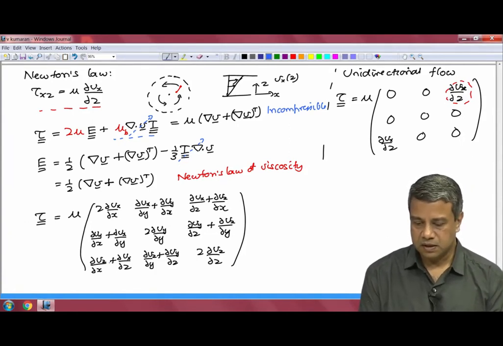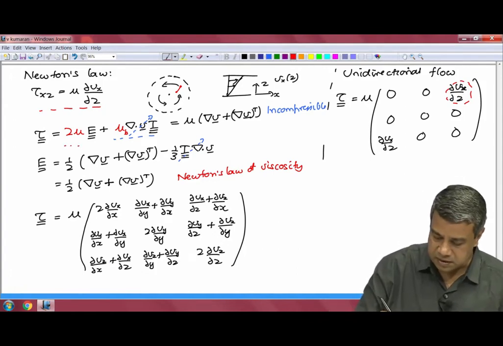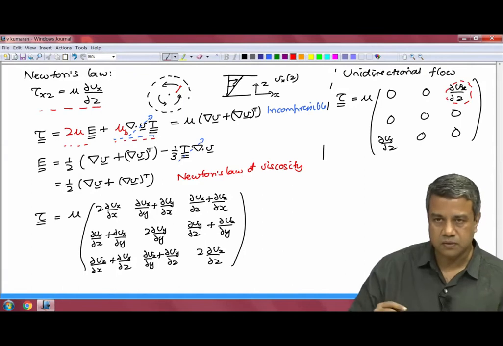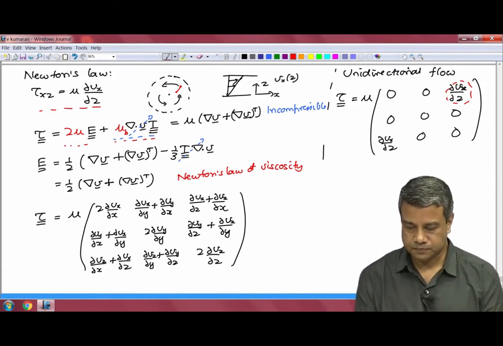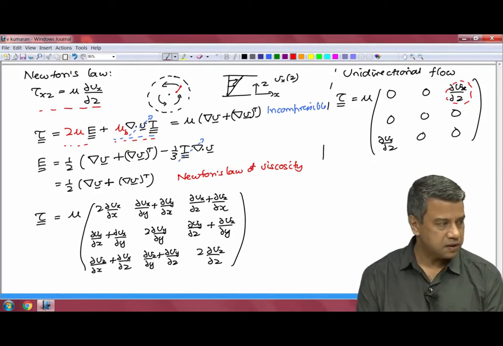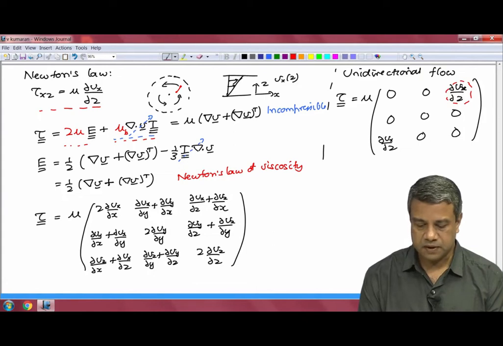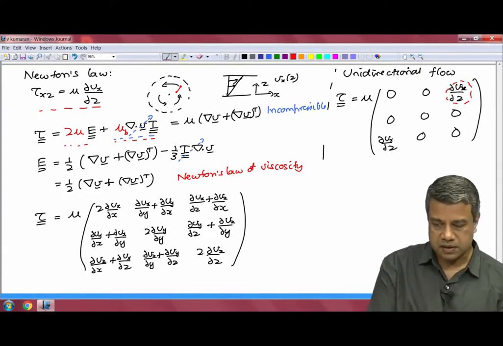Therefore, you have two components: one due to the symmetric traceless part, and the other due to the isotropic part. For an incompressible flow, the isotropic part is identically 0. Therefore, the stress is only due to the symmetric traceless part, only due to extensional strain.